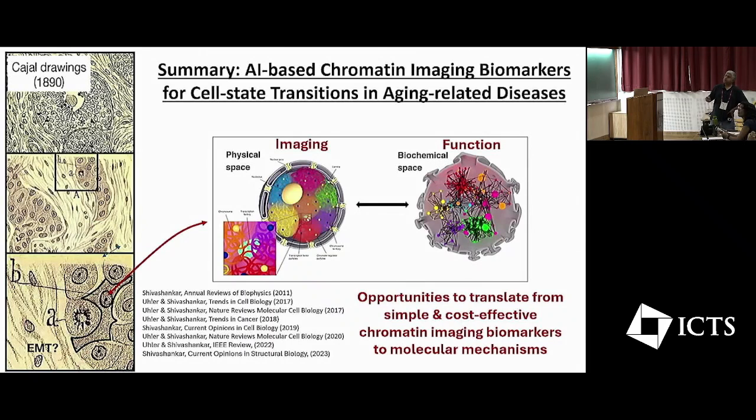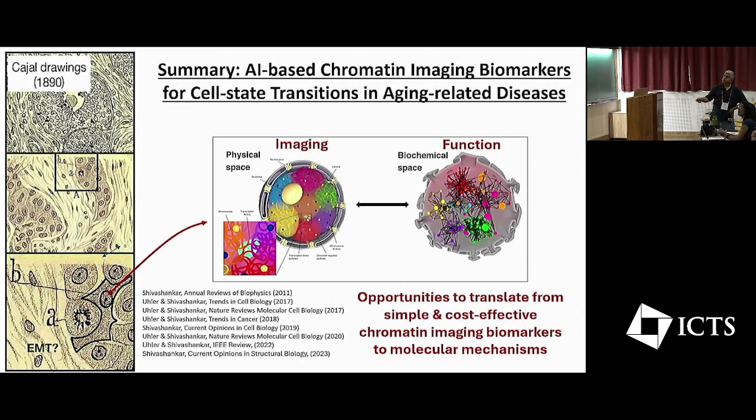So to summarize, what I told you today is a simple idea that cells in our extracellular microenvironment send both physical and biochemical signals and relay those signals to alter chromatin states. And as I said, alterations in the chromatin state are intimately linked to the functional space, as all of you know.